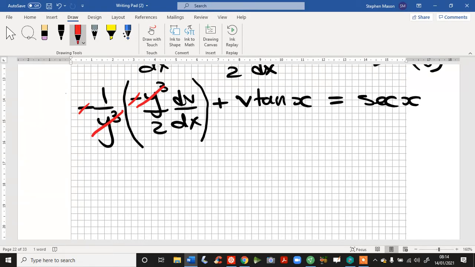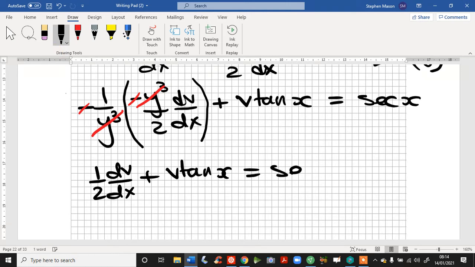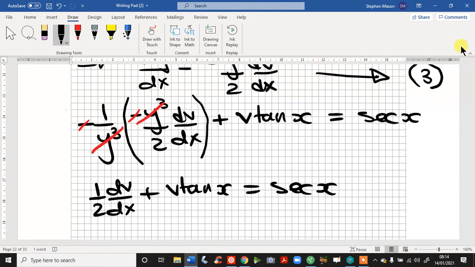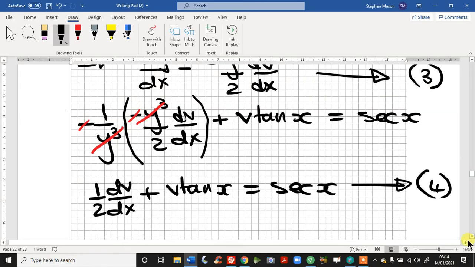So what we're left with is a half dv/dx plus v tan x equals sec x. And we'll call that equation 4, just in case we need to refer to it again.